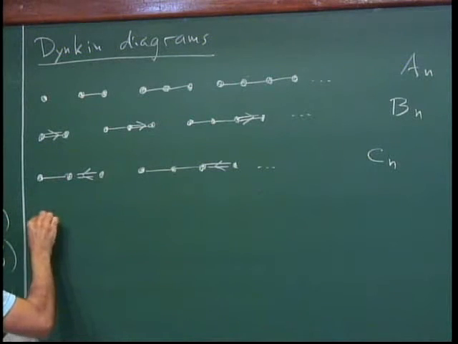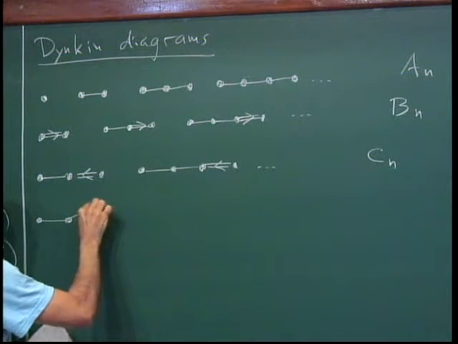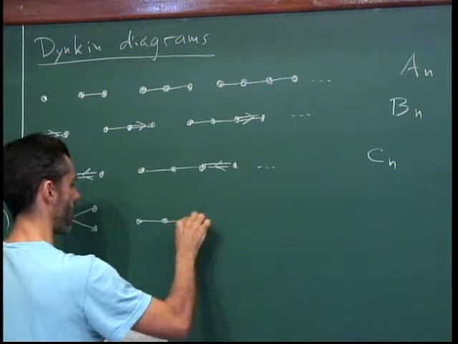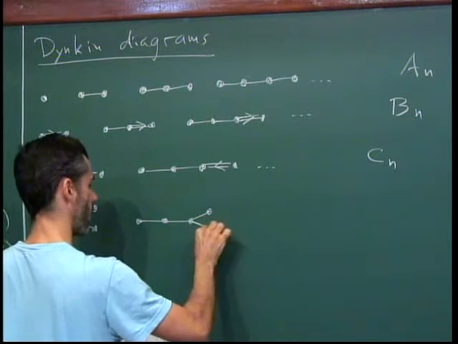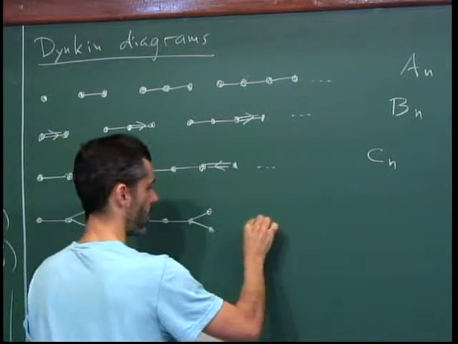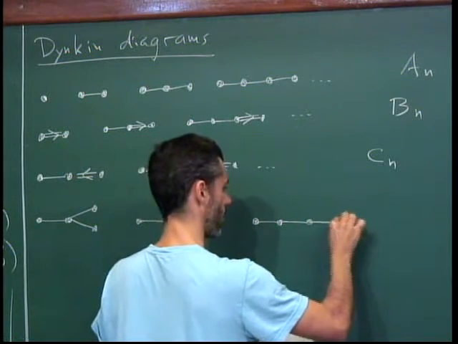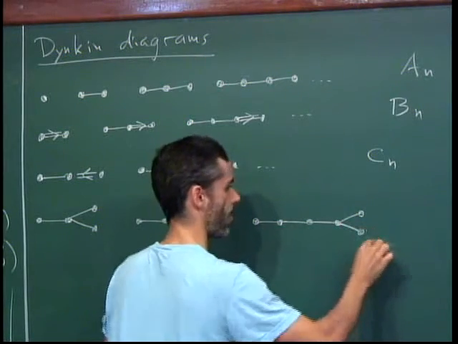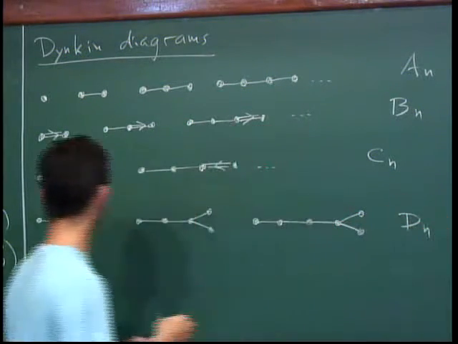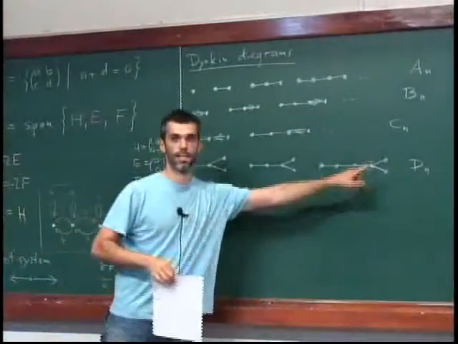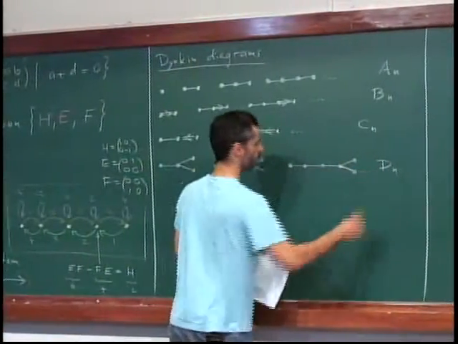Then one has more interesting ones that have, at the end of their little caterpillar body, 2 antennas. These are called type Dn. So this is D4 because it has 4 nodes, D5, D6, and so on. This continues.